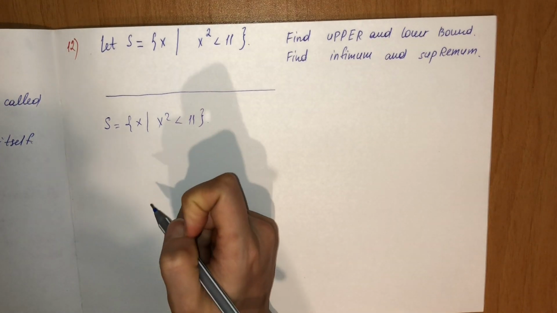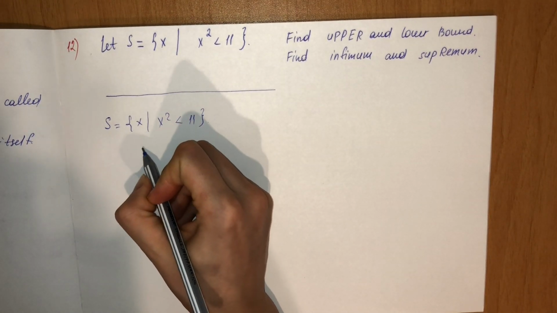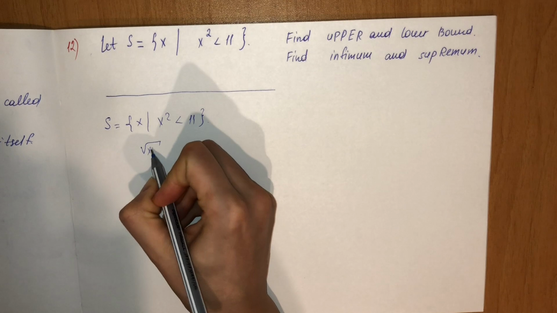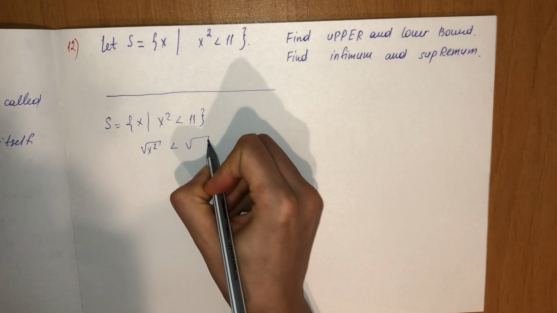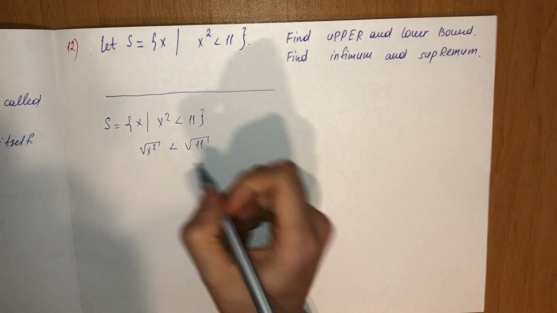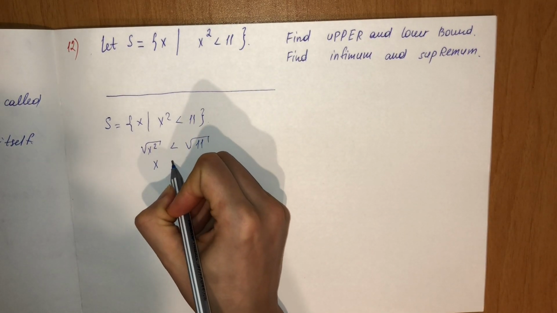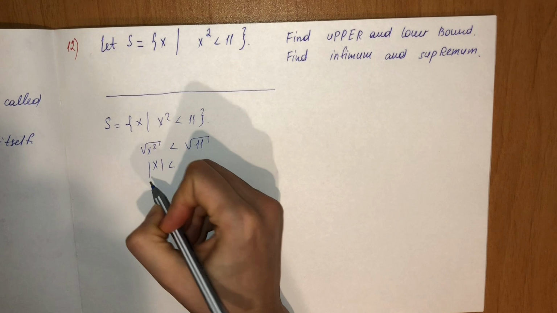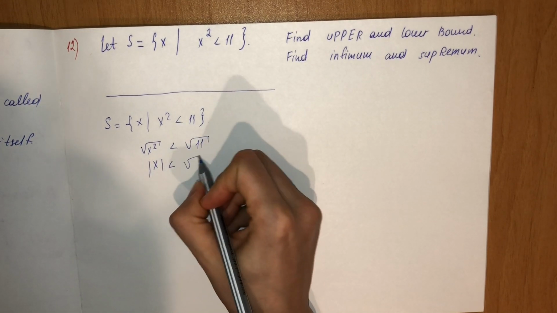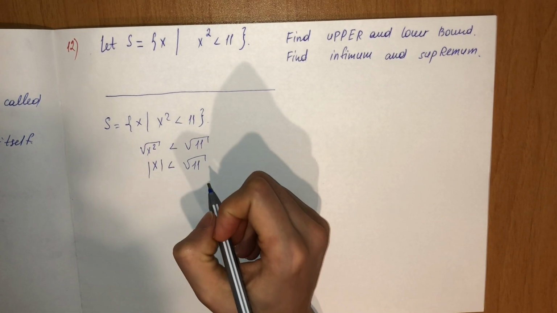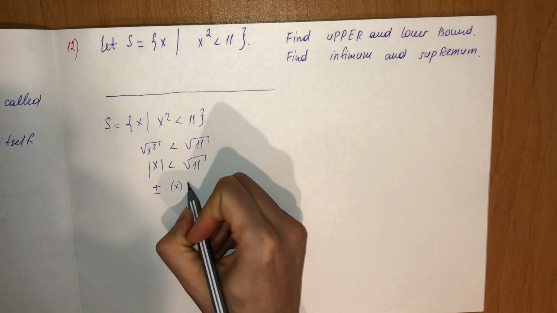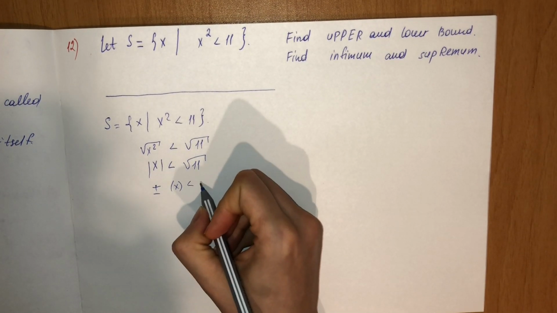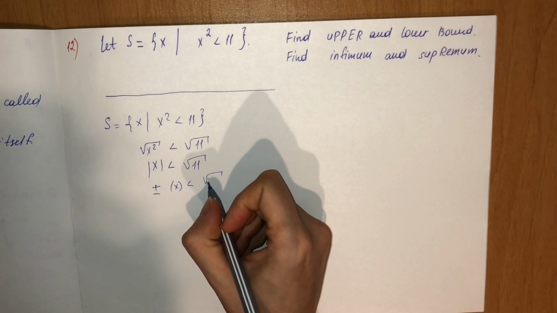We take the square root of both sides: the absolute value of x is less than the square root of 11.